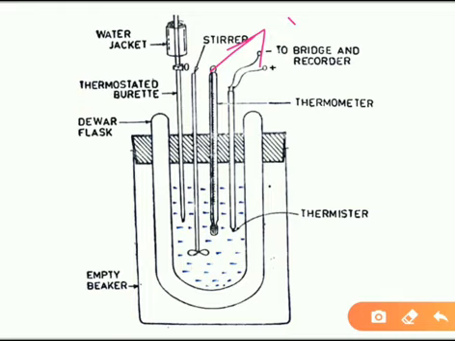For that we are using a stirrer here, and the thermistor assembly is connected to one arm of a Wheatstone bridge. That is, here we have the positive and negative terminals. Its resistance is recorded directly on the recorder.